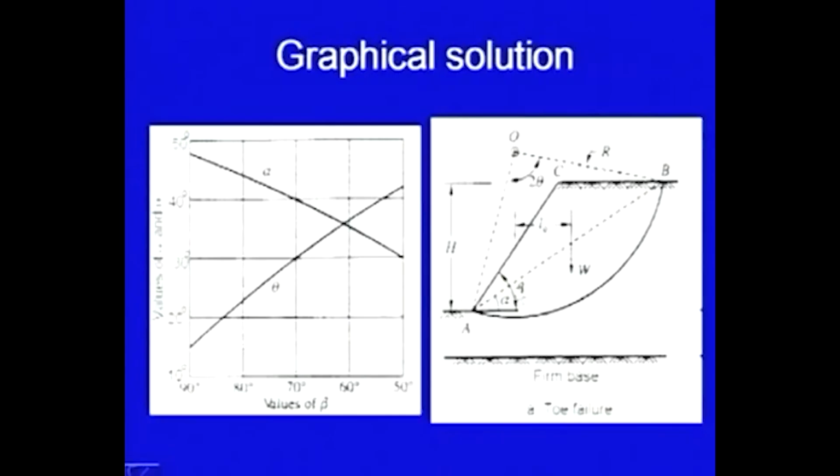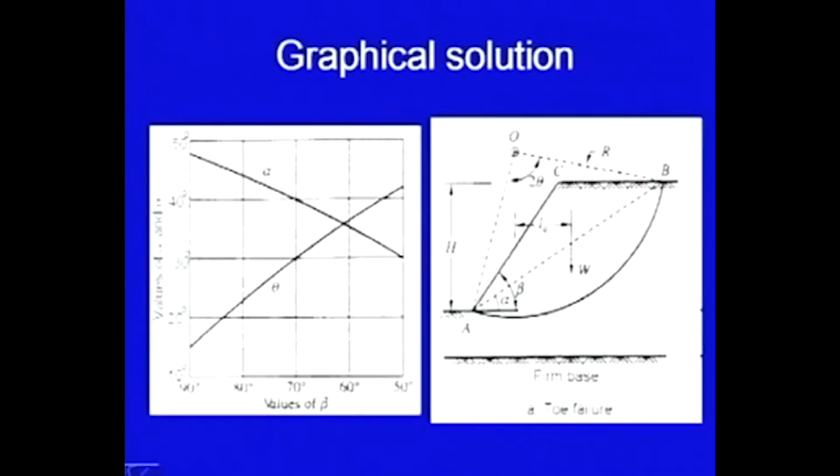What we have to do is, corresponding to the given beta value, read alpha and theta. Say for example, if I take beta equal to 55 degrees somewhere here, then corresponding to that I will read alpha here, somewhere more than 30, and then also theta, which is very near to 40, somewhat less than 40.